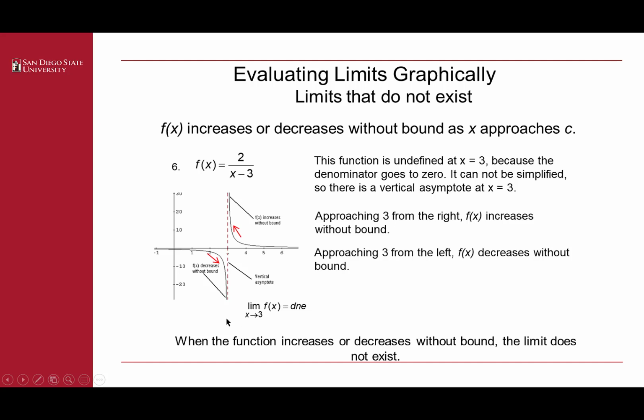So in this case, again, we cannot match the limit on the right-hand side and left-hand side, so it's a similar logic here. We say that there is no limit, and alternatively we can also conclude that when the function increases or decreases without a bound, the limit does not exist. So both statements hold here.